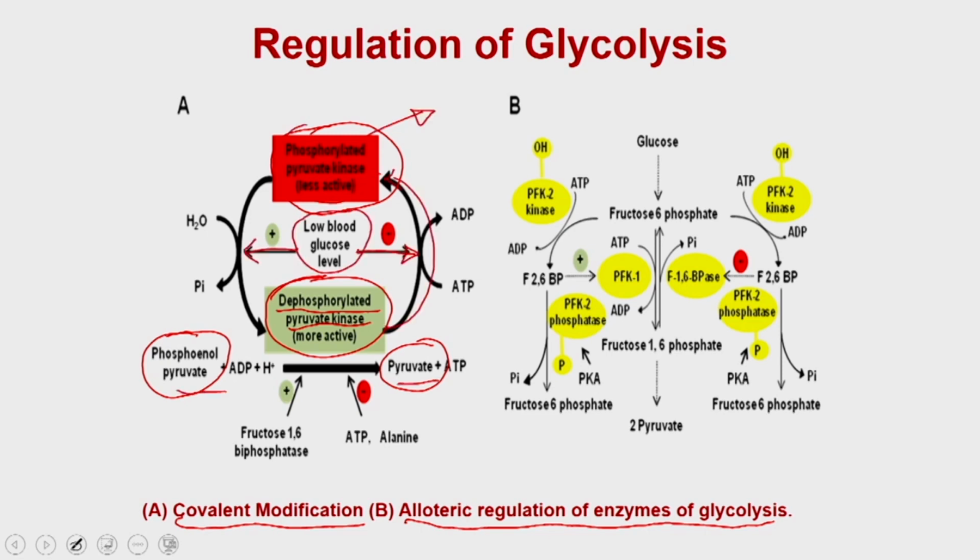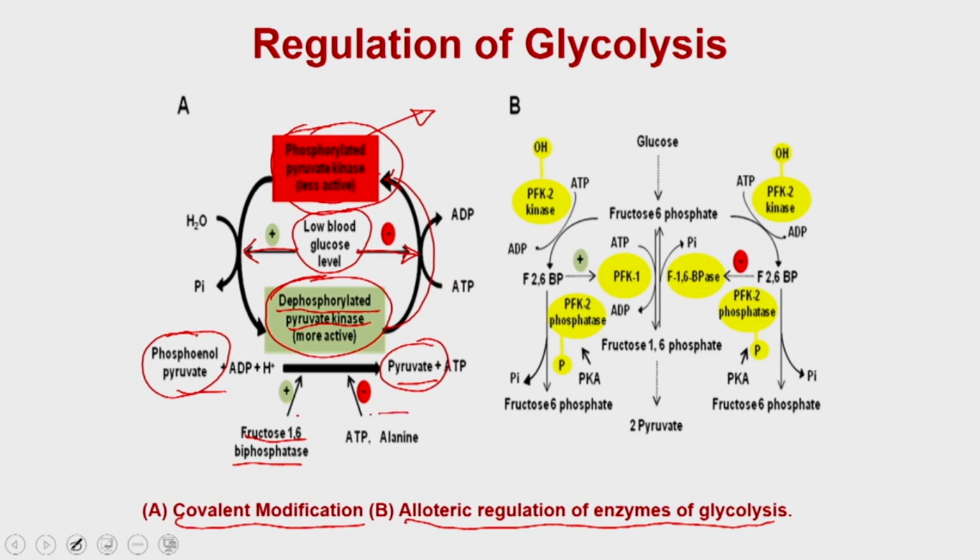Apart from this regulation, which is a covalent modification, there is fructose 1,6 bisphosphate. If you remember, in the initial 1 to 4 reactions fructose is phosphorylated by another round, and that generated fructose 1,6 bisphosphate, which positively regulates the conversion of phosphoenol pyruvate to pyruvate.